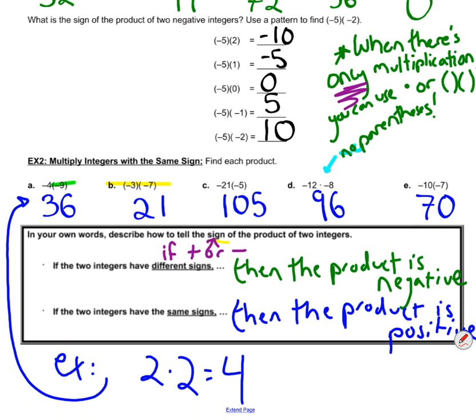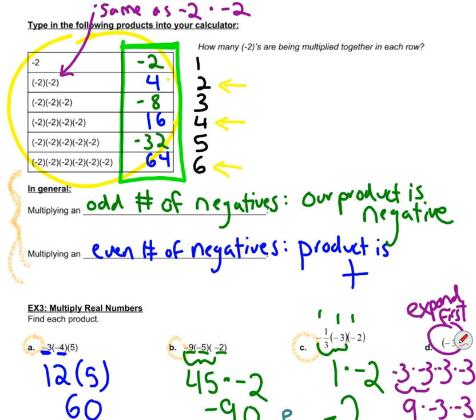Let's scroll down. If two integers have different signs, then the product is negative. If two integers have the same signs, the product is positive, which itself is encapsulated in this idea of multiplying an odd number of negatives, you get a negative product. Multiplying an even number of negatives, the product is positive.